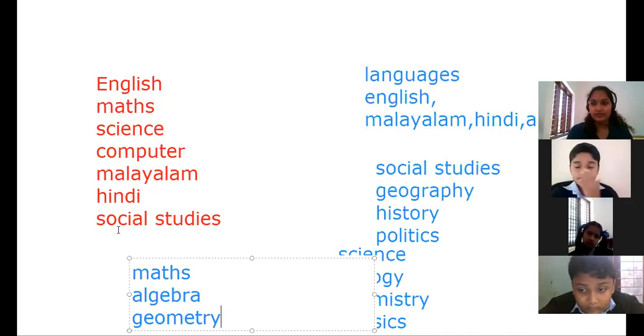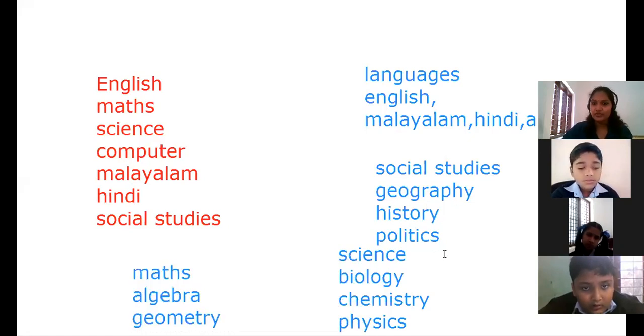English, Malayalam, Hindi, Arabic are known as languages, not actually subjects. When we talk about maths, science, and social studies, we can again classify them. In social studies, we have geography, history, and politics. In science, biology, chemistry, and physics. In maths, algebra and geometry. Did you get that?